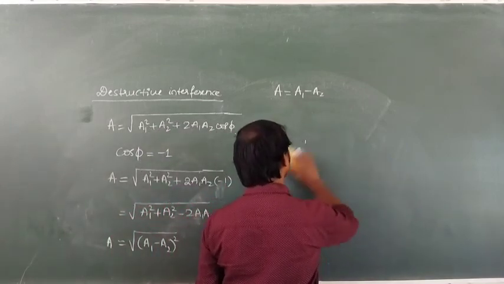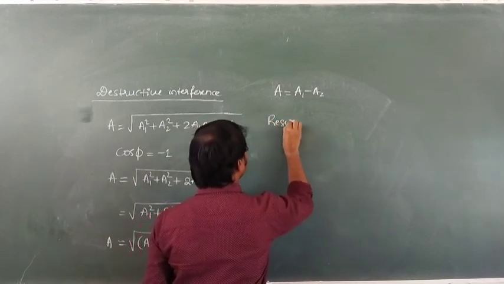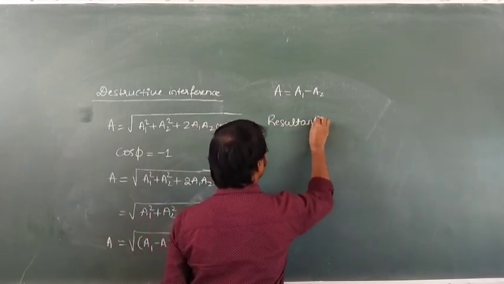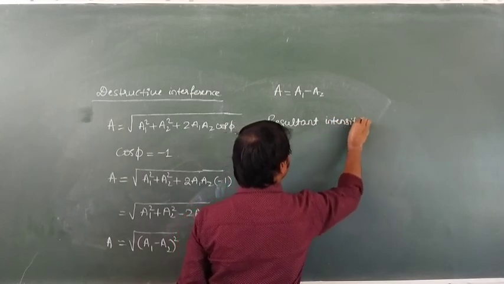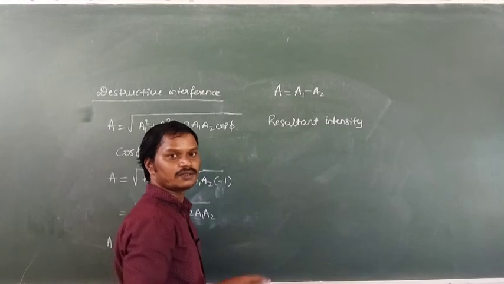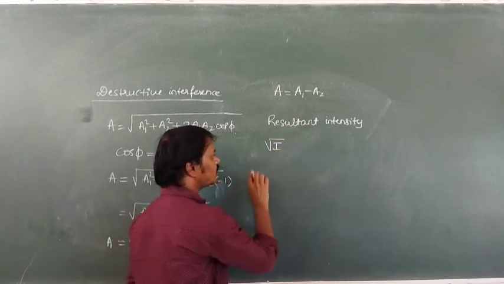And in a similar manner, the resultant intensity. So A is nothing but root I, means root of resultant intensity.